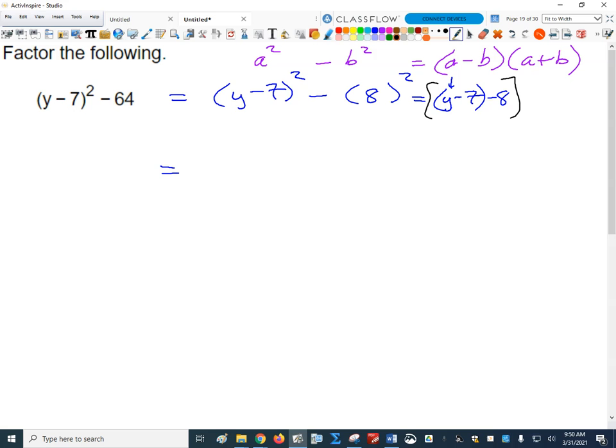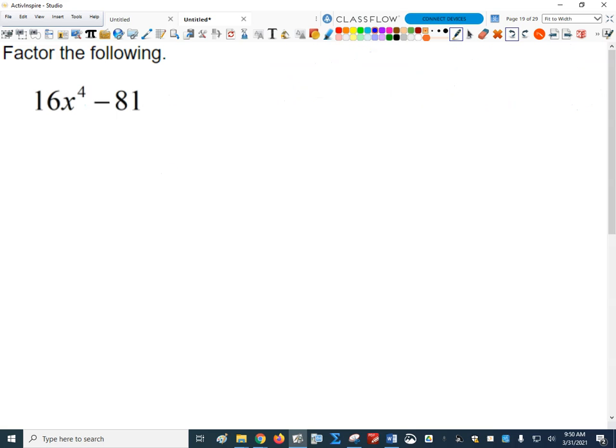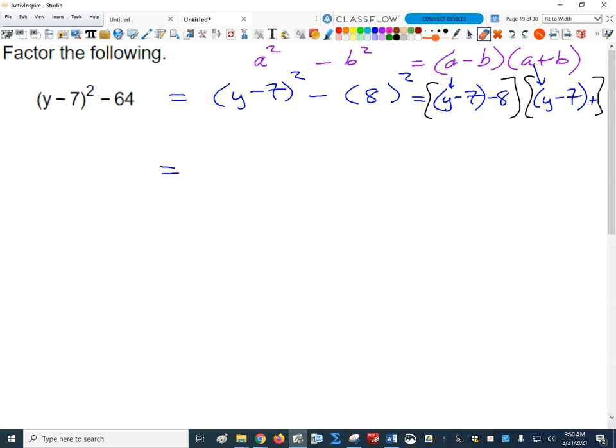So there's my A minus B times A plus B. I have to be a little more careful with my spacing, don't I?